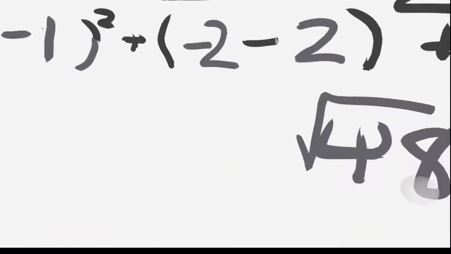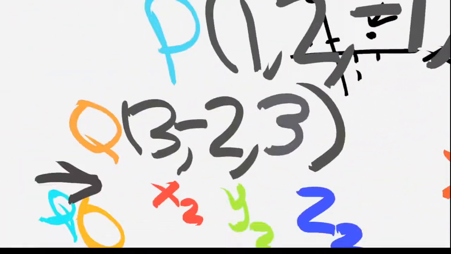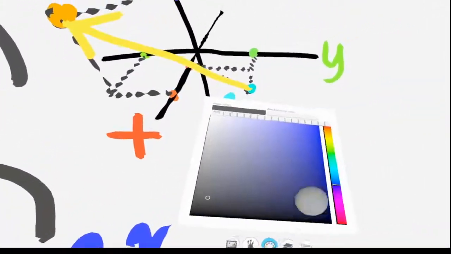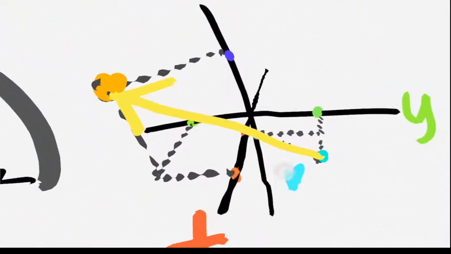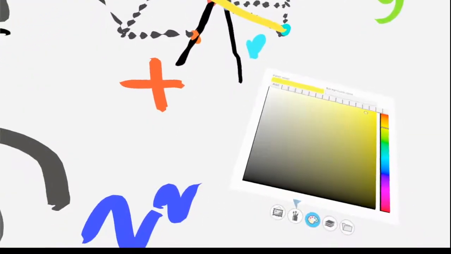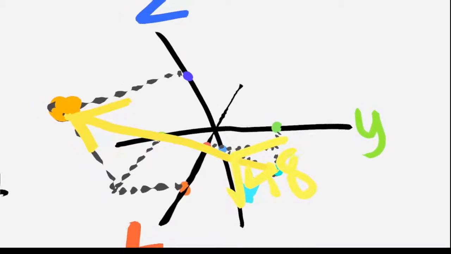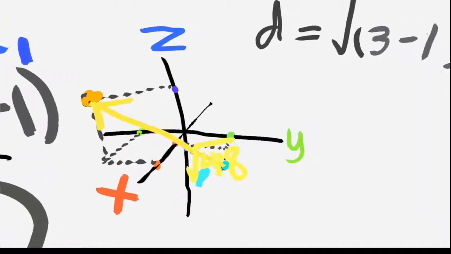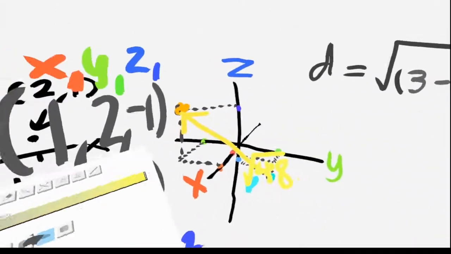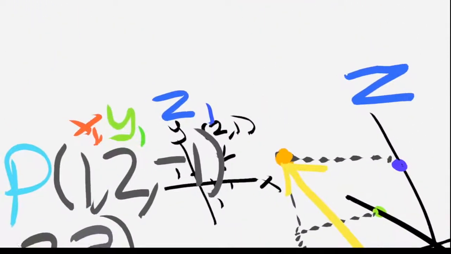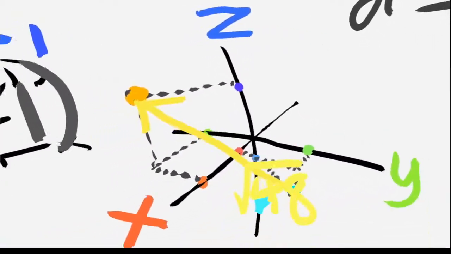So the length of your PQ vector from point P to point Q is the square root of 48. Okay, so that's how you find the length from P to Q in three-dimensional space.